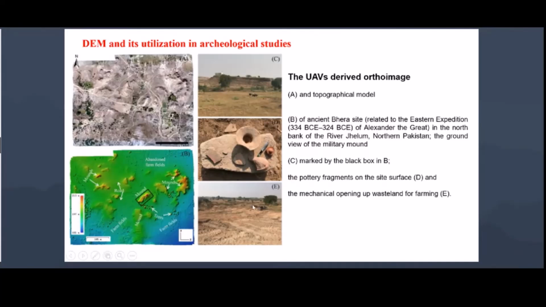These are ground photographs where we see very small structures like artifacts, so pottery fragments, etc. Since it is a UAV image, it will be very high resolution, probably to the tune of centimeters or millimeters, and therefore we are able to see these in the mound. Here these mounds were interpreted, and the area must have been pinpointed.